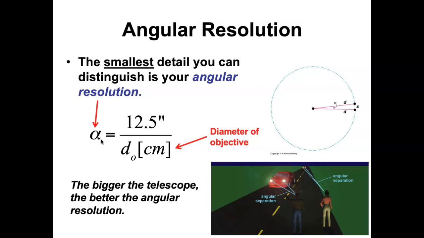This might be a little counterintuitive. Usually we're used to thinking of the bigger number as better. Well, in this case, a smaller alpha is better because you can see smaller details.